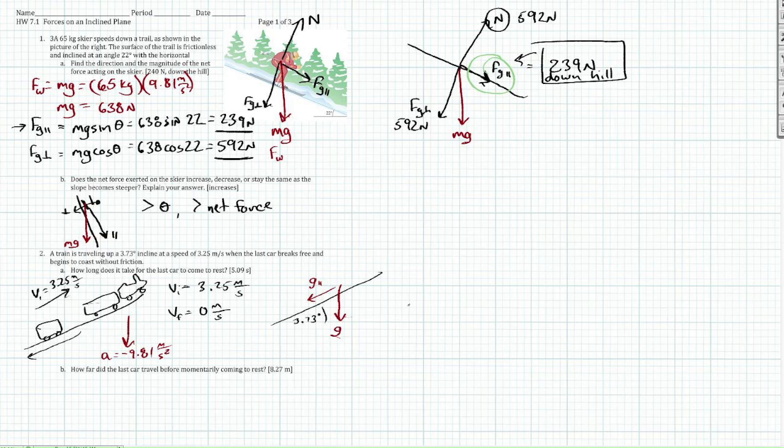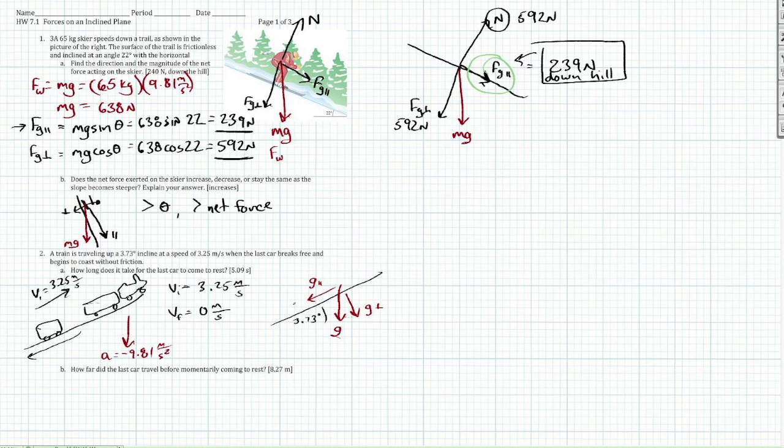There's also, you could say, a perpendicular component to it. We might call that G perpendicular. But what is really slowing the train to a stop is this G parallel right here, because it's acting along the same plane, along the same surface that the train is moving.